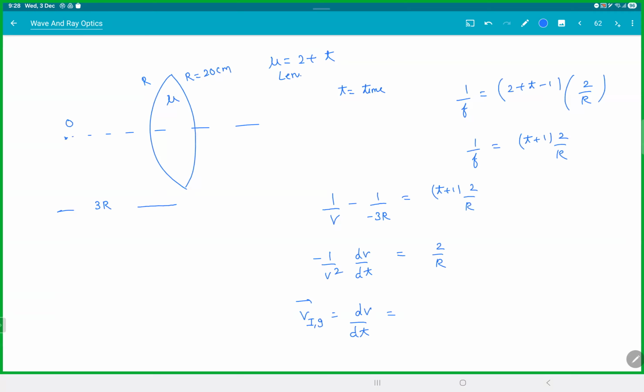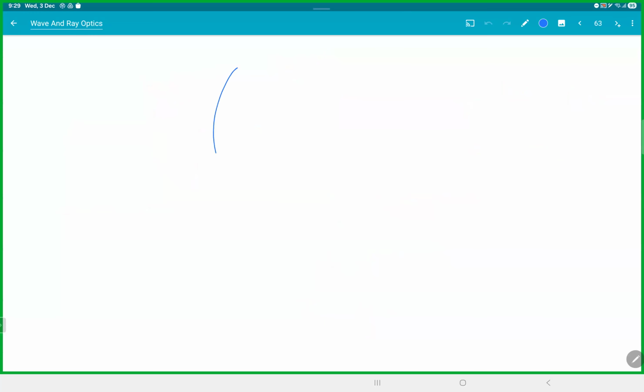Clear with this? So be careful with that. You can even mess up the focal length. Same question I can ask you in another way. Suppose we've got a lens. Let's say this is y is equal to 0. This is y is equal to 2 centimeters.